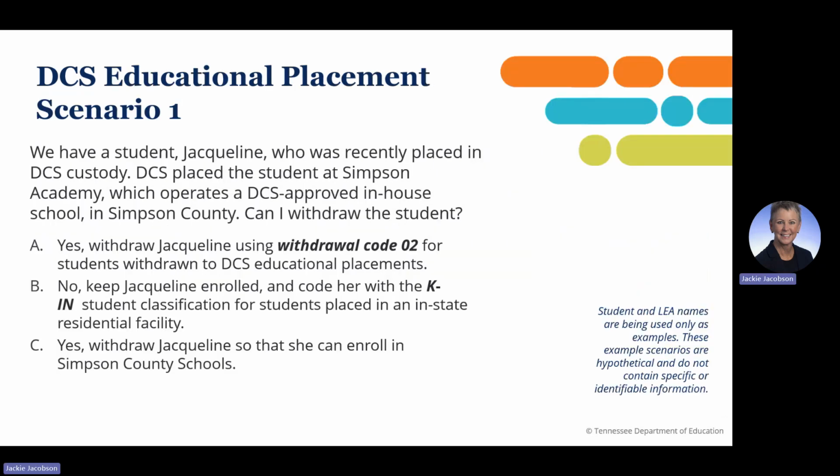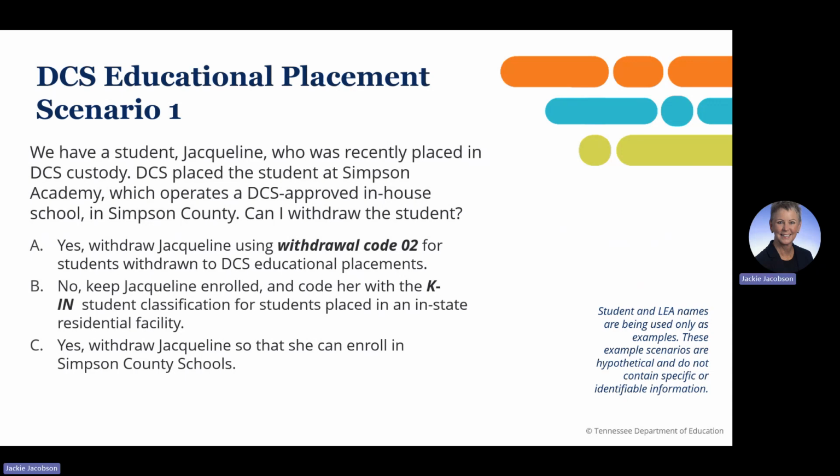Let's do a couple more scenarios. I know you love this. We have a student, Jacqueline, here, who was recently placed in DCS custody. DCS placed the student at Simpson Academy, which operates a DCS-approved in-house school in Simpson County. Can I withdraw the student?